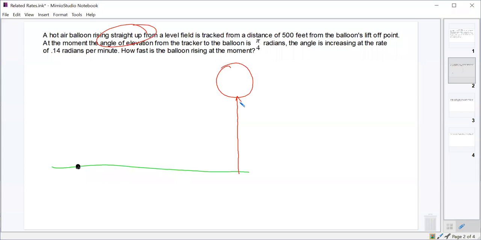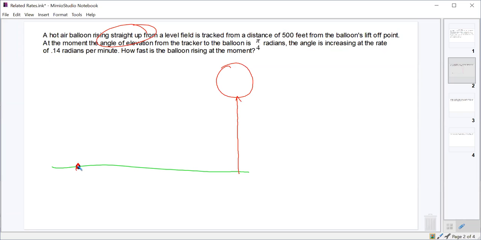So what do we know? It's 500 feet off the ground? And I think the 500 is something different. We're tracking it.